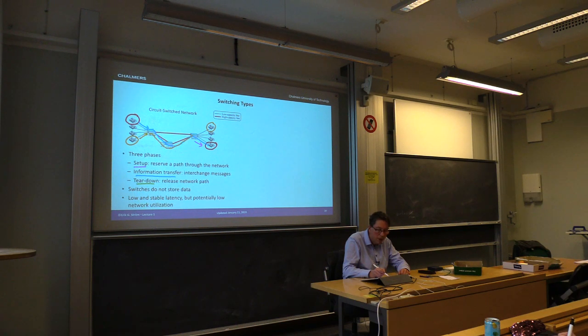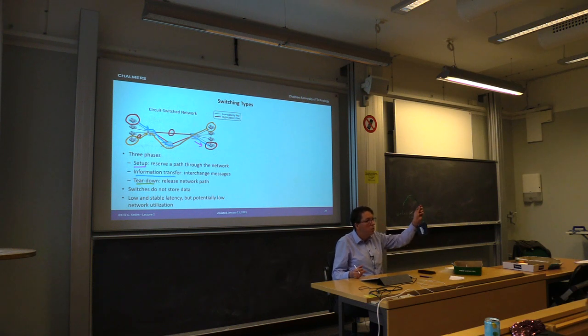And maybe it goes the same way as the other one, right? Because it can go the same way because the capacity of this line that interconnects the switches is much higher than the capacity from one phone to the switch. So we can have several phone conversations going on over the same cable. Maybe hundreds or thousands, I don't know.